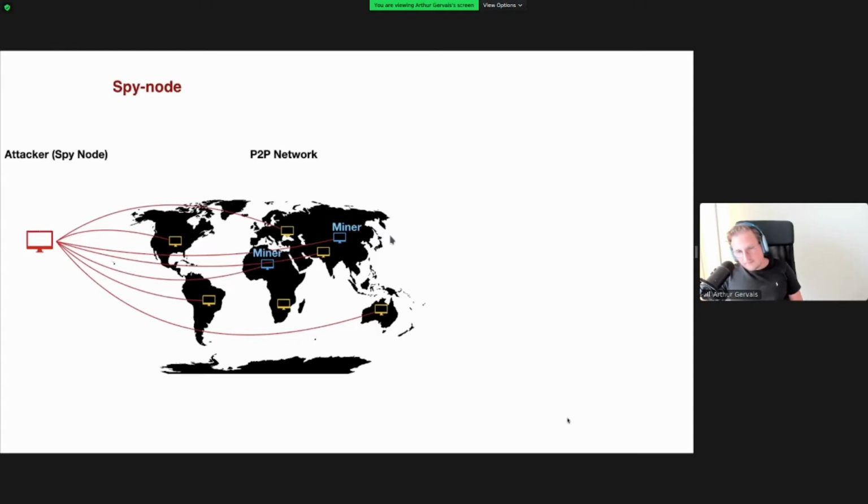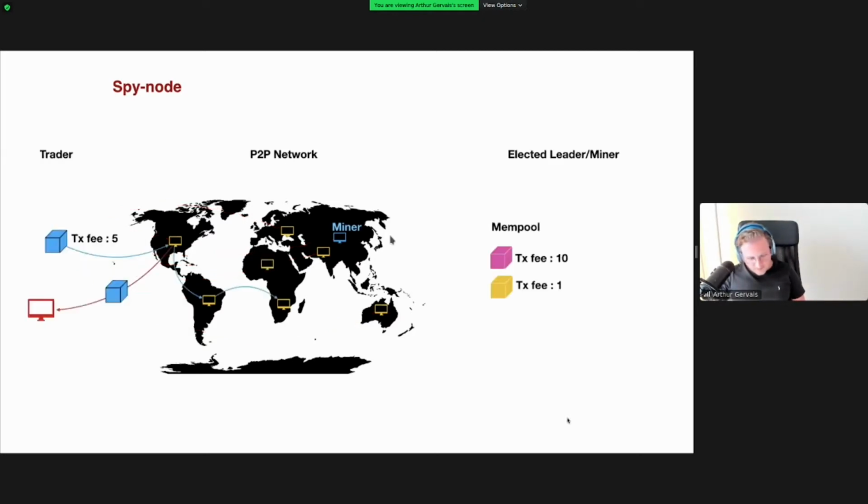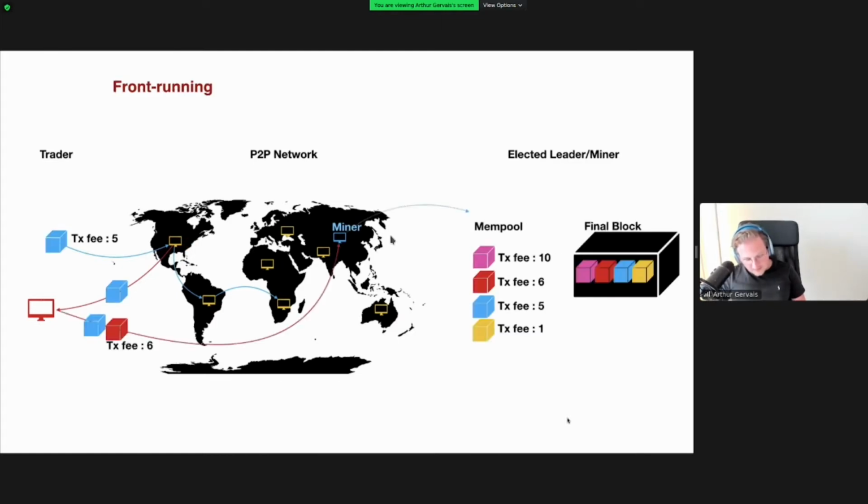Now, how can this process be abused by an adversary? Let's assume we have an attacker who is operating a so-called spy node. Spy meaning a node that's basically connected to as many peers as possible, with the goal to receive data as early as possible. So if we have a victim trader here who is issuing a transaction, sending it to this blockchain peer, then we have an adversary who has a spy node also connected to this peer. The adversary will now listen to the network and see, okay, there's a transaction that's paying a value of 5 for the fees.